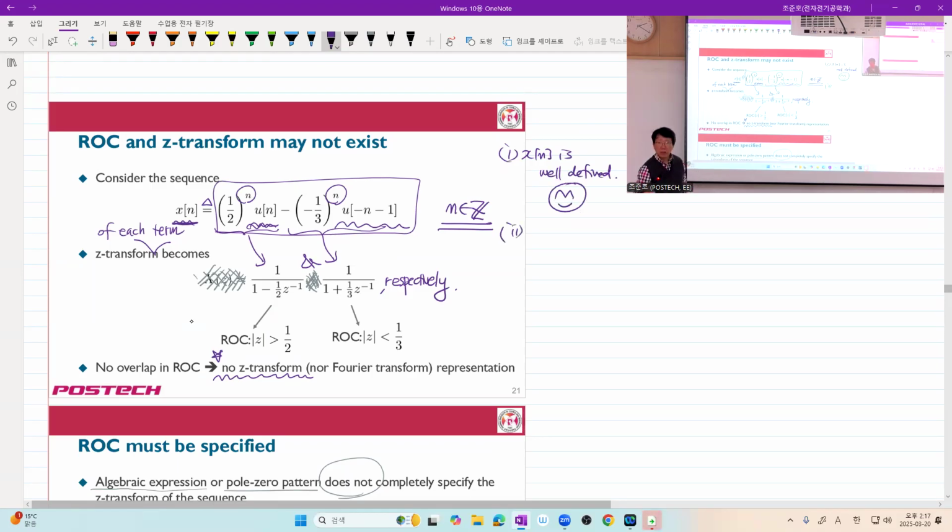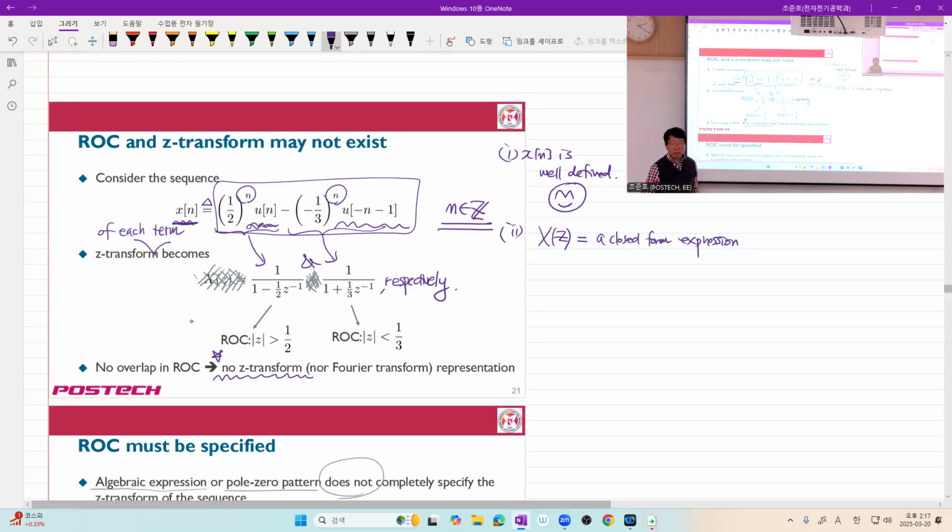Now, second, what is the Z transform? Of course, it would be great if we can find a closed form expression, but it's not necessary, right?